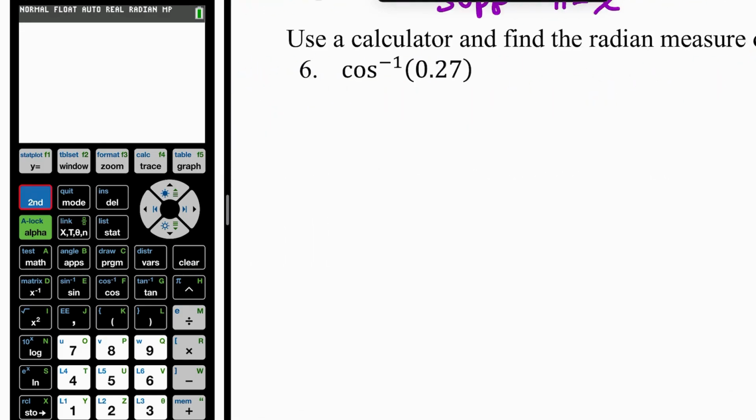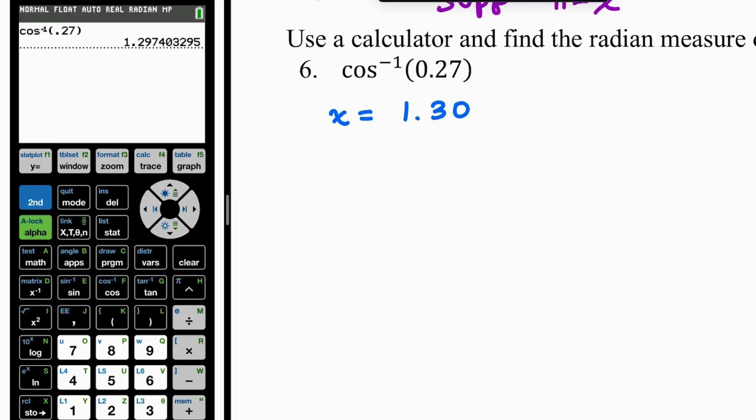So now let's just type this in the calculator. So cosine inverse of 0.27. Well, what is this? 0.27 is the ratio. Plugging in cosine inverse of a ratio gives us an angle measure. So this is going to be our angle measure in radians x. So 1.297 rounds up to 1.30.